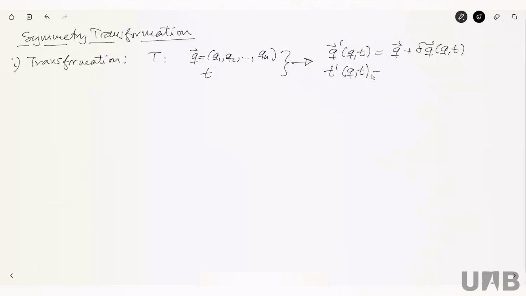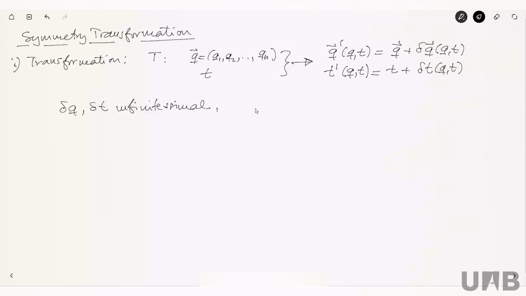And the same thing for t: t prime is going to be t plus delta t, which is a function of all the qs and t. And this delta q and delta t are infinitesimal. That means small, but not zero.